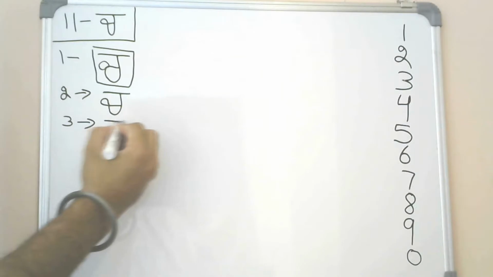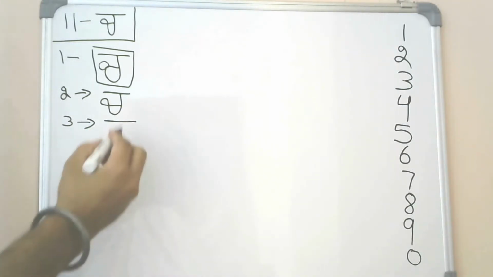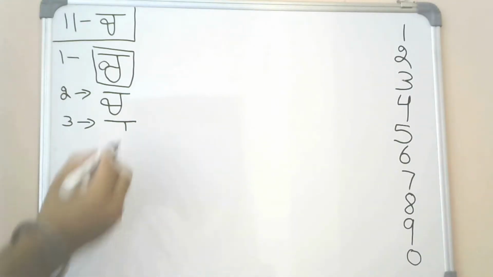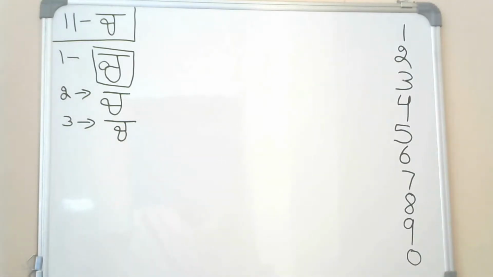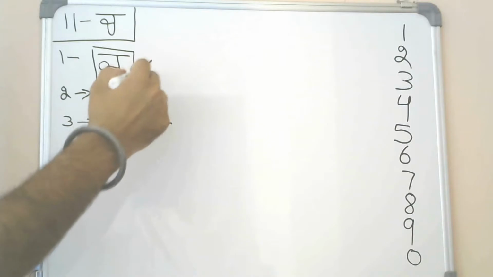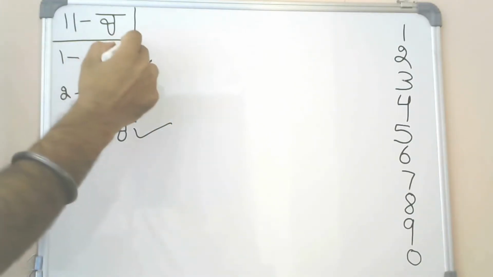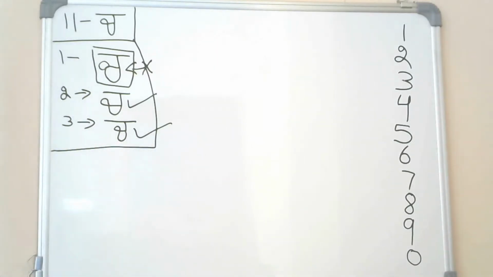A line first, then it should be something like this. You can do it in any way. You can do it in this way. It is a little bit weird, this one. So this is how you will write Chacha, the 11th letter of Gurmukhi.